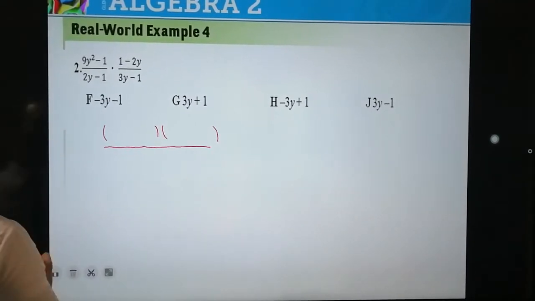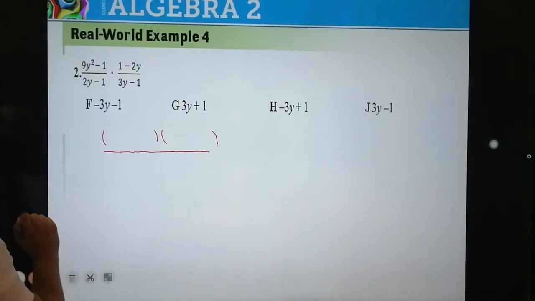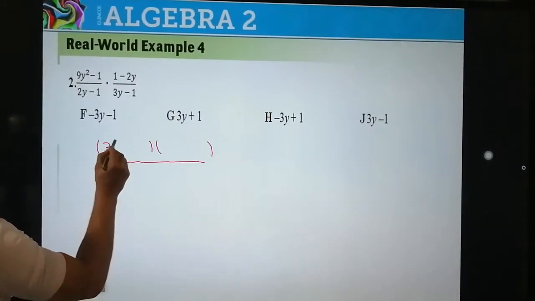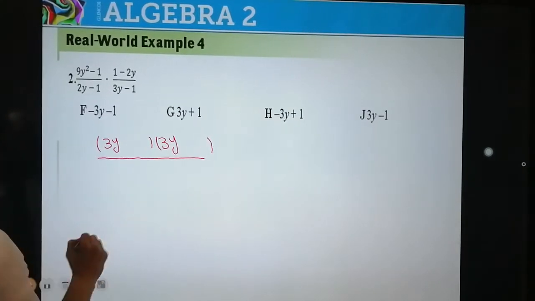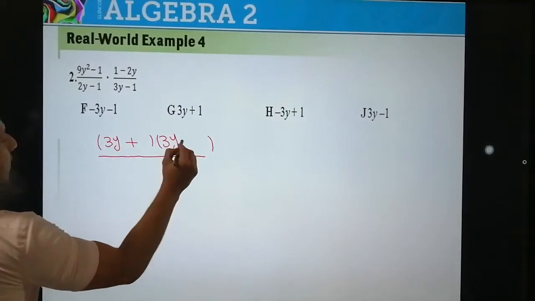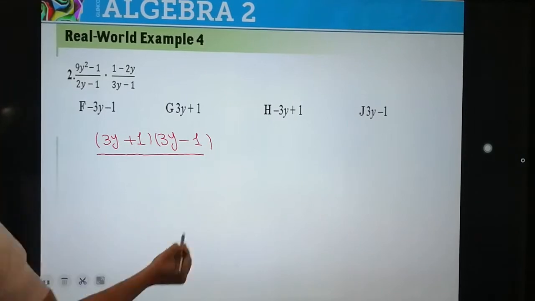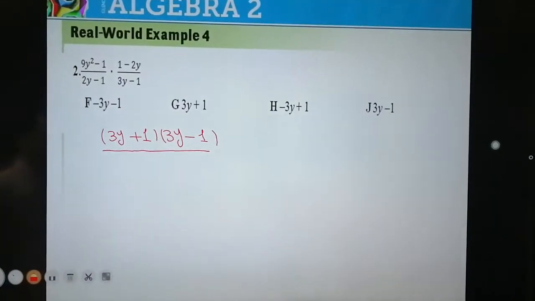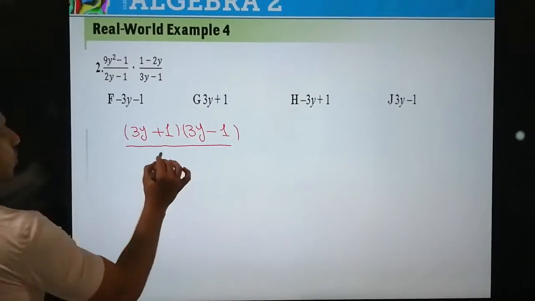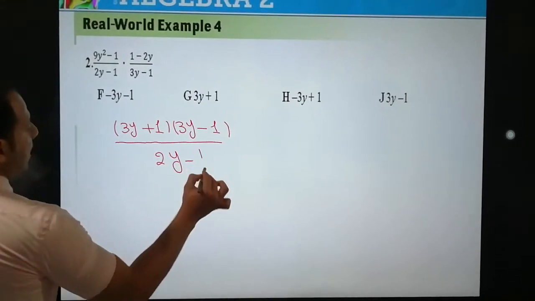So we have the square root of 9y squared, which is 3y, and the square root of 1, which is 1. One factor is positive and the other negative. The denominator is in the simplest form, so I write it as it is.